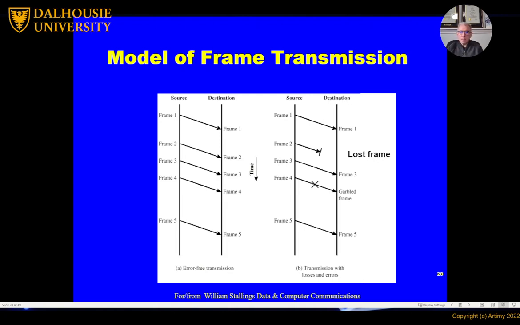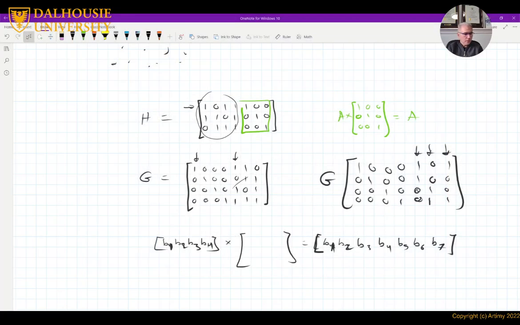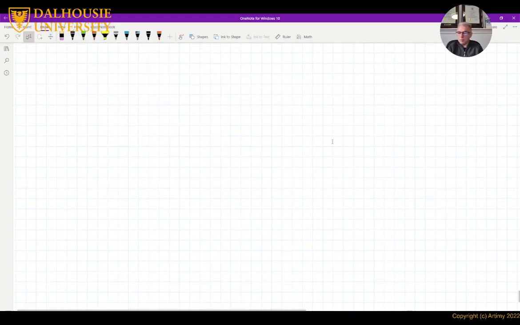So we'll always see this picture that you see here, where the frame travel is represented by the slope, right? So we have an arrow that represents the direction of the travel, and also its slope down. The slope represents the time passage. All right, so if we go back to the notes, let me explain here. We'll start by looking at some of the components that we need to discuss.